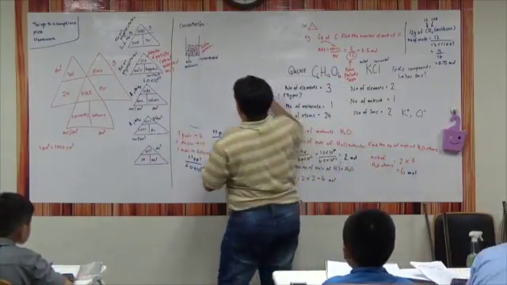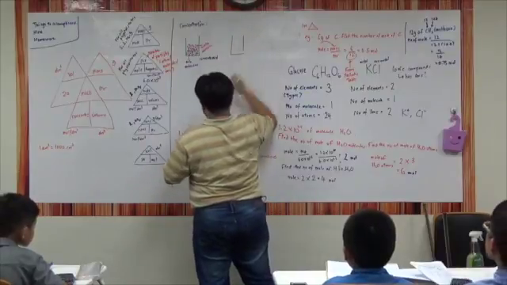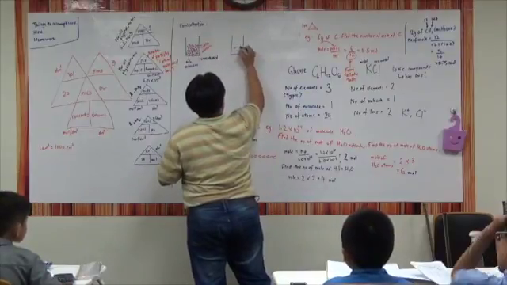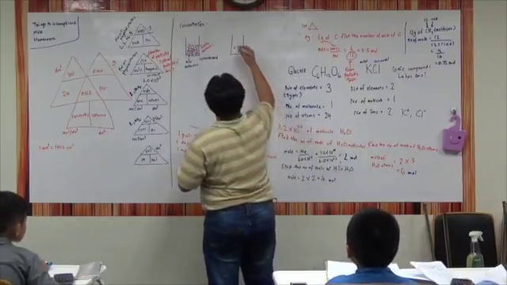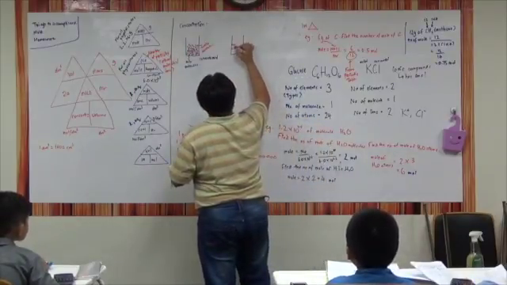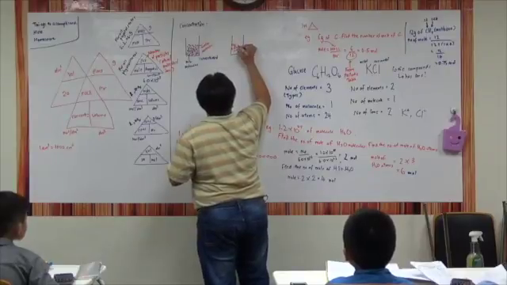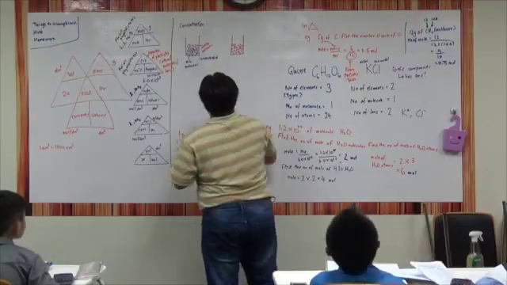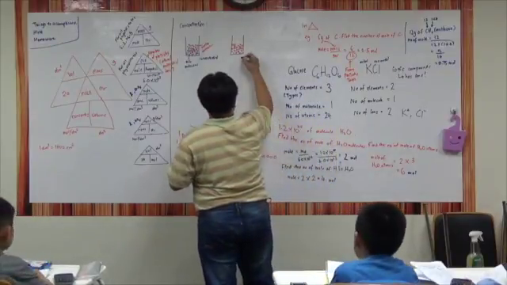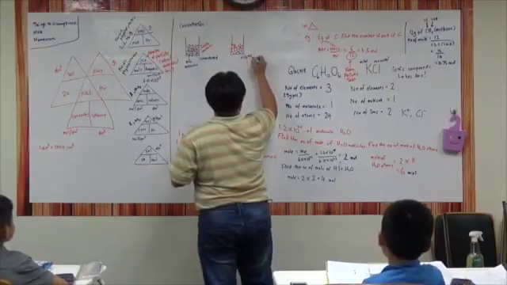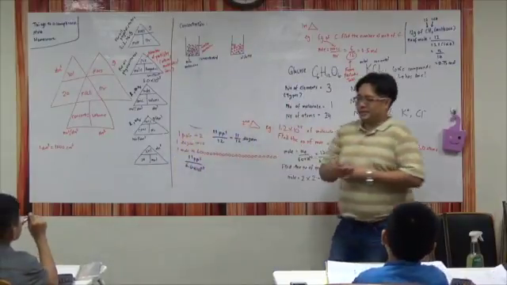Another example, dilute. Maybe you only have 1, 2, 3 particles, and the person wants to save money, so he adds a lot of water for you. This is an example of dilute. Higher water potential.